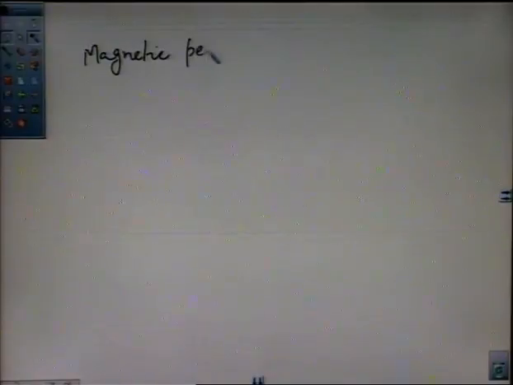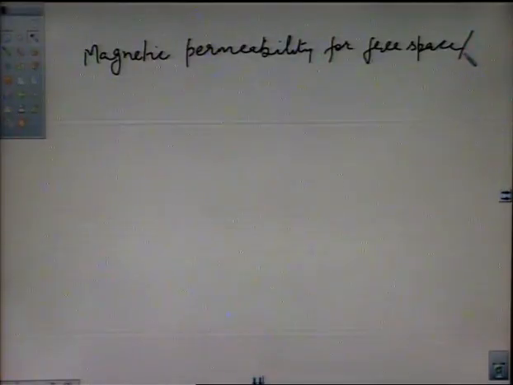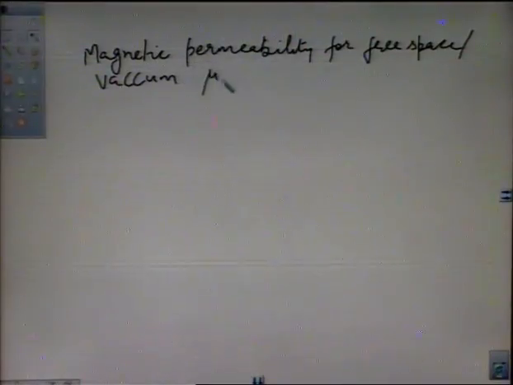Magnetic permeability for free space or vacuum is denoted by mu naught.